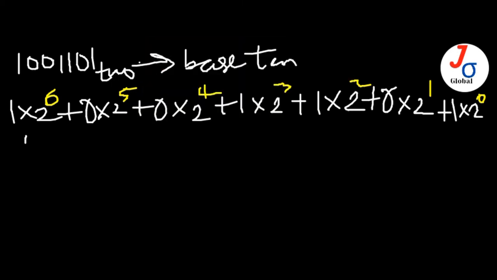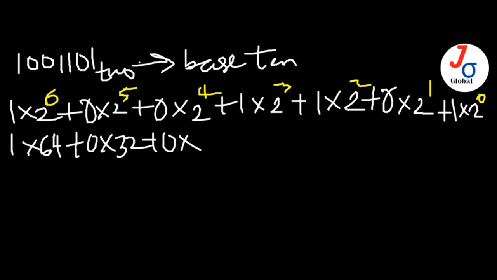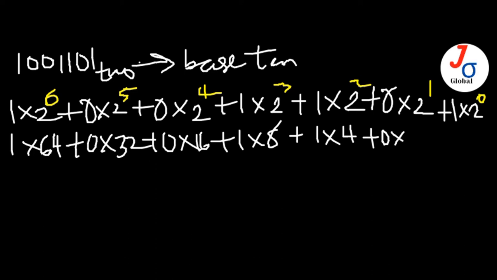So you have 1 times 2 to the power of 6, which is 64, then plus 0 multiplied by 2 to the power of 5, which is 32, plus 0 multiplied by 2 to the power of 4, which is 16, plus 1 multiplied by 2 to the power of 3, which is 8, plus 1 multiplied by 2 to the power of 2, which is 4, plus 0 times 2 to the power of 1, which is 2, then plus 1 times 2 to the power of 0, which is 1.